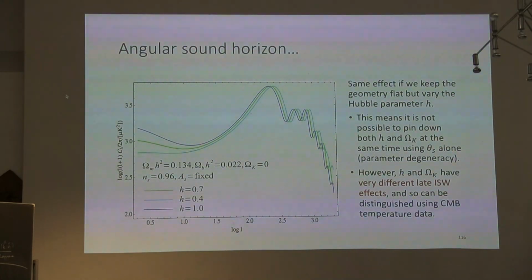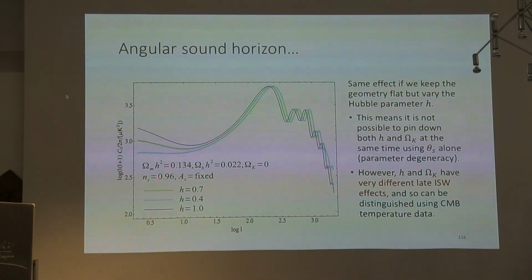But that is not to say that the CMB data cannot tell the difference between the effect of spatial curvature and the effect of H. And that is because we still have the late ISW effect over here. We recall that the late ISW effect comes from the transition from matter domination to dark energy domination. So I'm going to play around with H, the Hubble parameter.